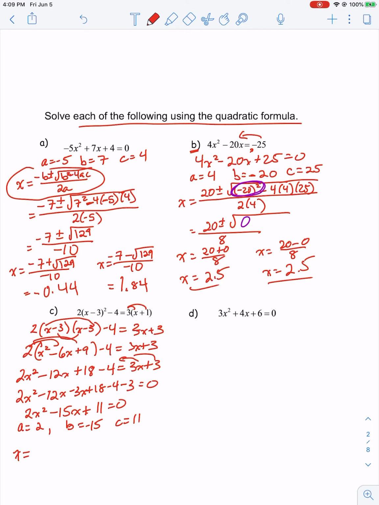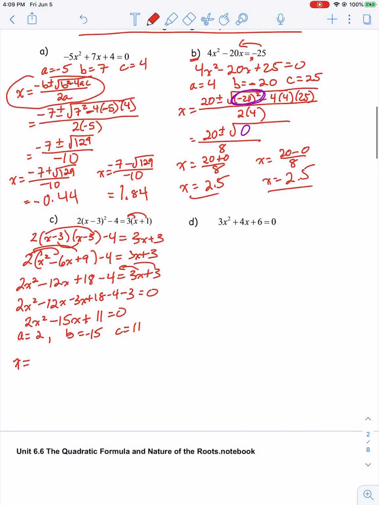So x equals opposite B, which is positive 15, plus or minus the square root of b squared. I'm just going to write it. Negative 15 squared is 225. Minus 4 times 2 times 11. All over 2a is 2 times 2.